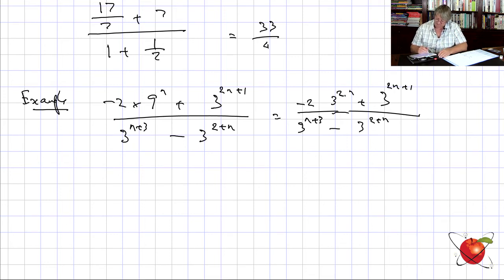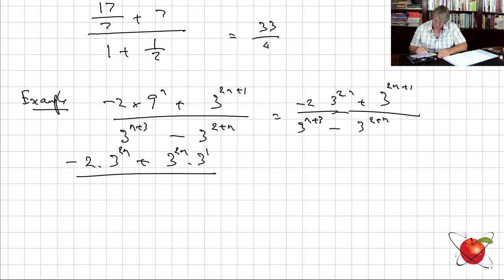Then we say split. 3 to the 2n plus 3 to the 2n and 3 to the 1 over 3 to the n, 3 to the 3 minus 3 squared, 3 to the n. Okay, this was my split.